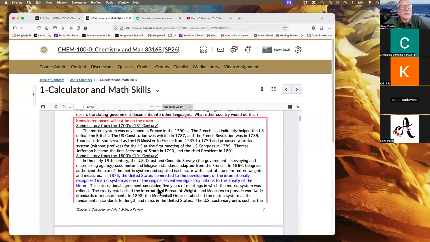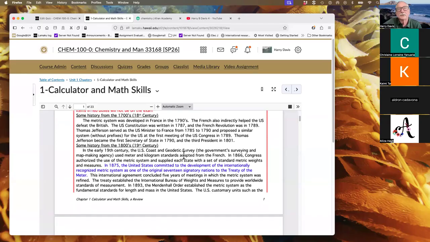But yeah, the metric system was developed in France in the 1890s. If you look at the French Revolution and the US Constitution, those are very similar in time. Thomas Jefferson served as the minister to France during that period of time, and he came back and proposed changing from the English system to the metric system.